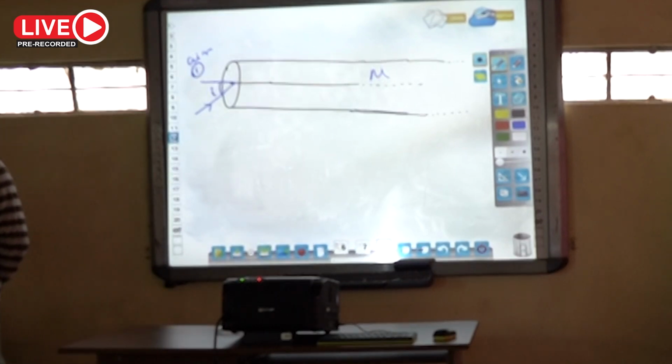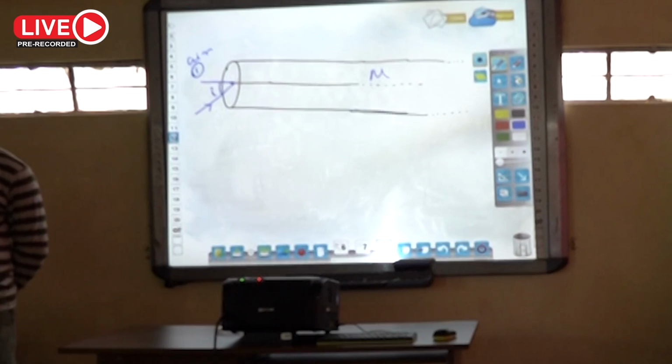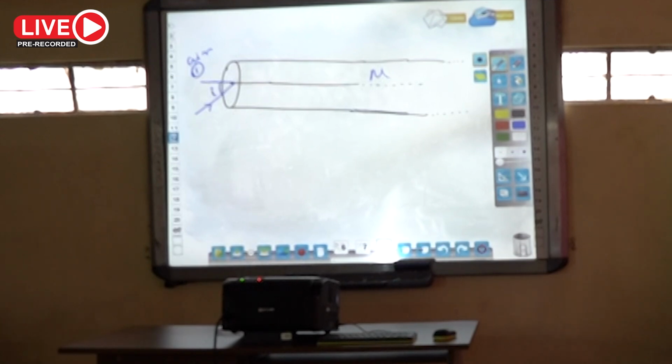See, this problem can be given in different ways. Suppose 4 options are given, what is the correct range for I? Then it will be an MCQ and you may face this type of problem in the exam. The angle of incidence on the curved surface should be greater than or equal to the critical angle.